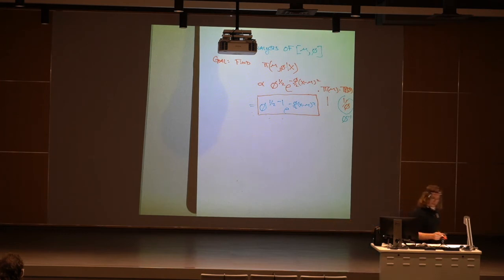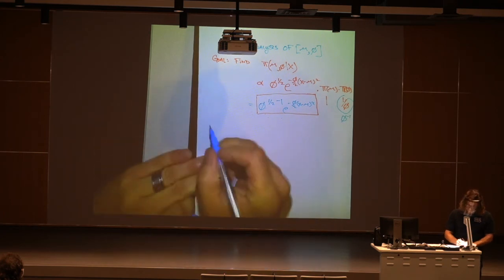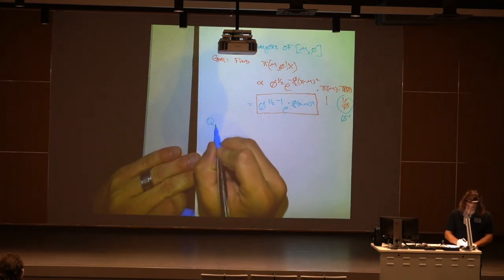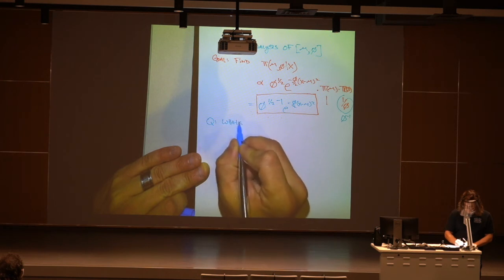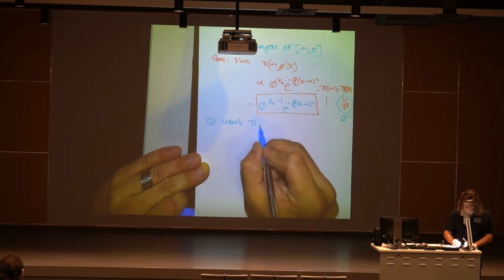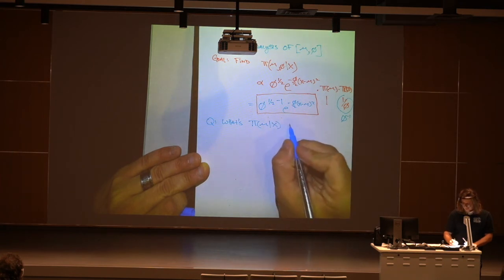Here's your answer. This one right here, I want to discuss a little bit more. Let's just think about this. So question, what's pi mu given x? We left off with this last time.